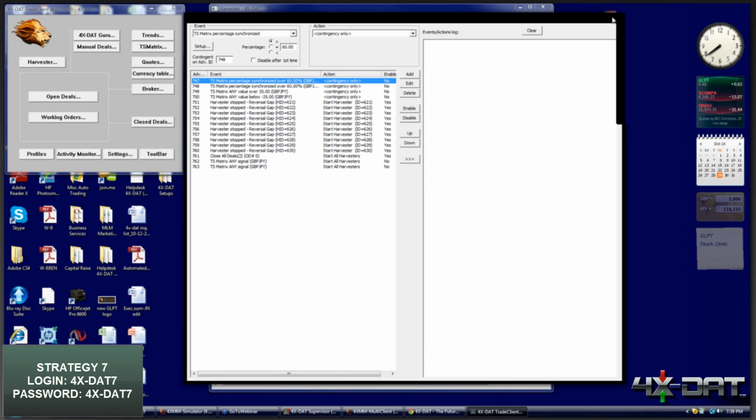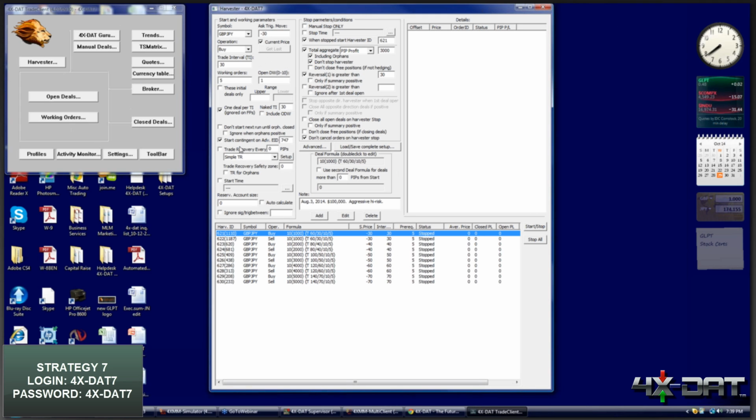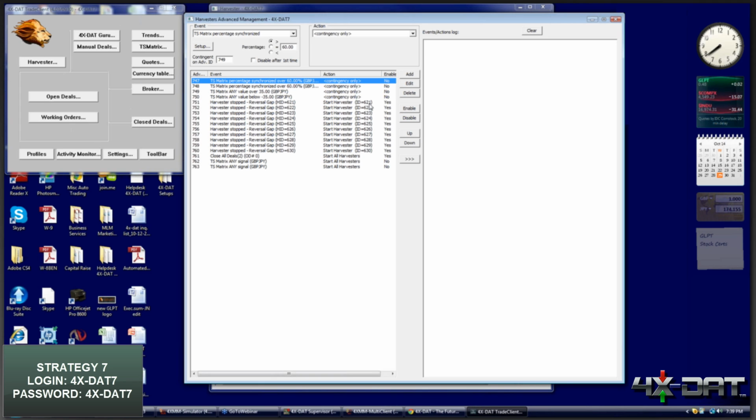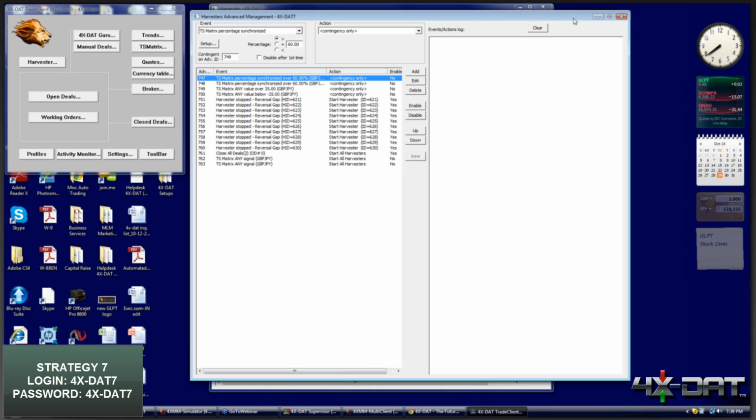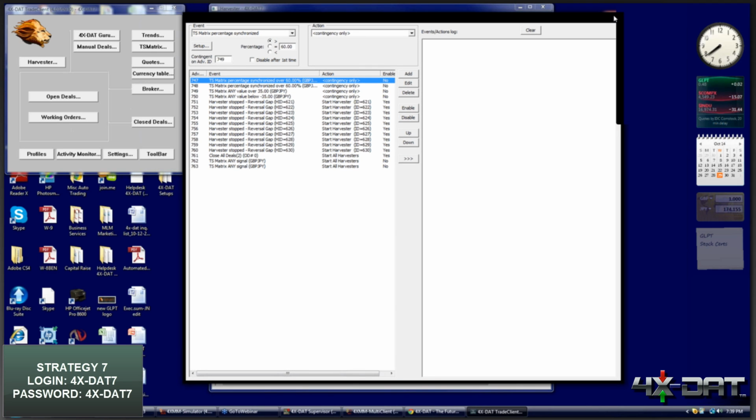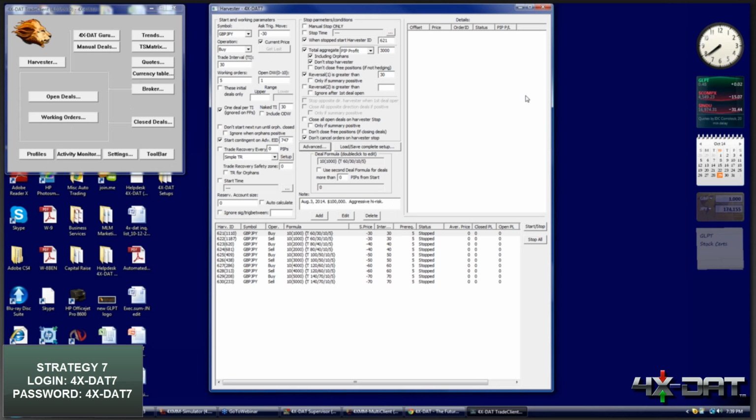Let me go back here. It is based on trending. However, it is designed for a range-bound market, and that probably is not necessarily the best selection. But anyway, we're demonstrating what happens when a range-bound strategy gets caught in a trending market.